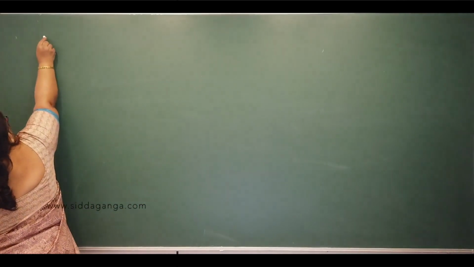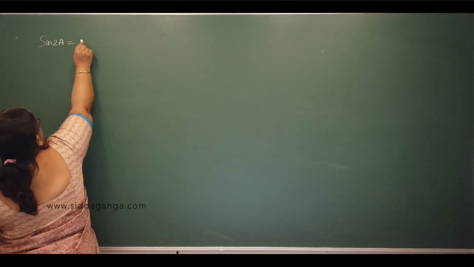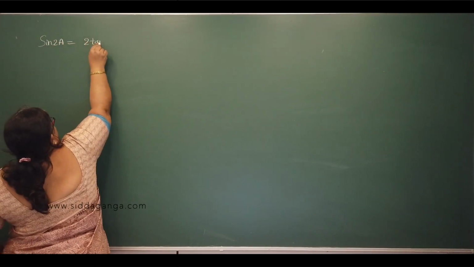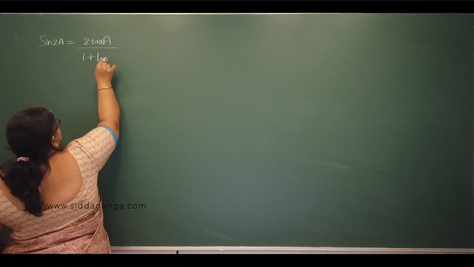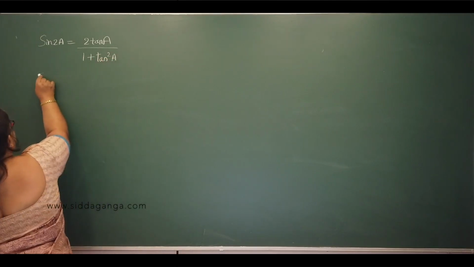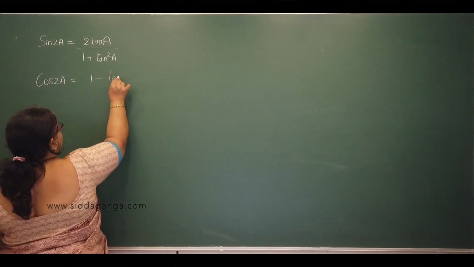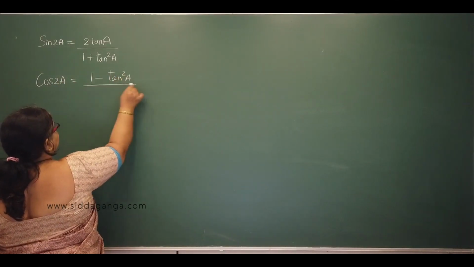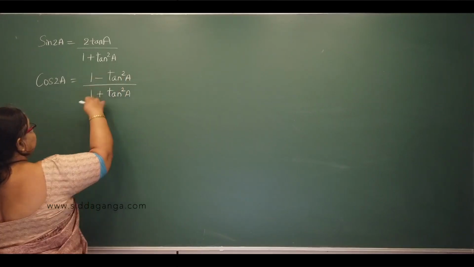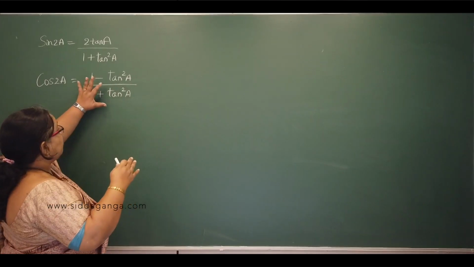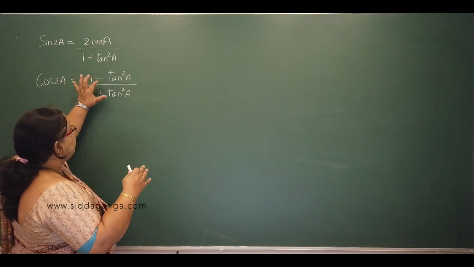Sine 2A only in terms of tan ratio is 2 tan A divided by 1 plus tan square A, and cos 2A only in terms of tan ratio is 1 minus tan square A divided by 1 plus tan square A.